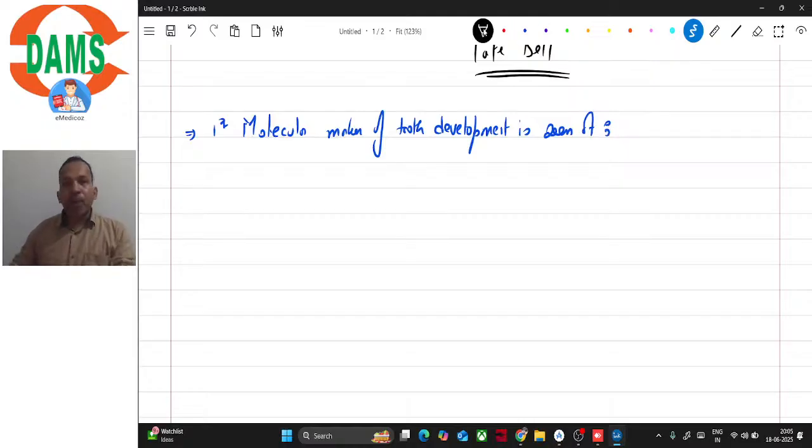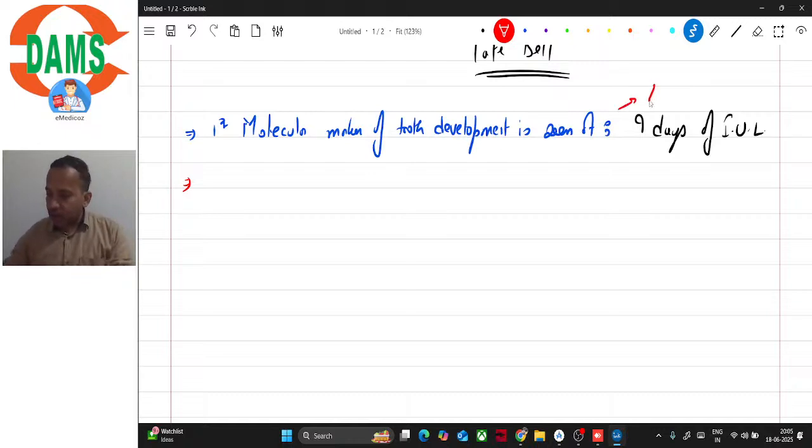So the first molecular marker of tooth development is seen at approximately 9 days of intrauterine life, right? So the first gene is expressed at the 9 days. It is LEF, right? What gene are we talking about? LEF.